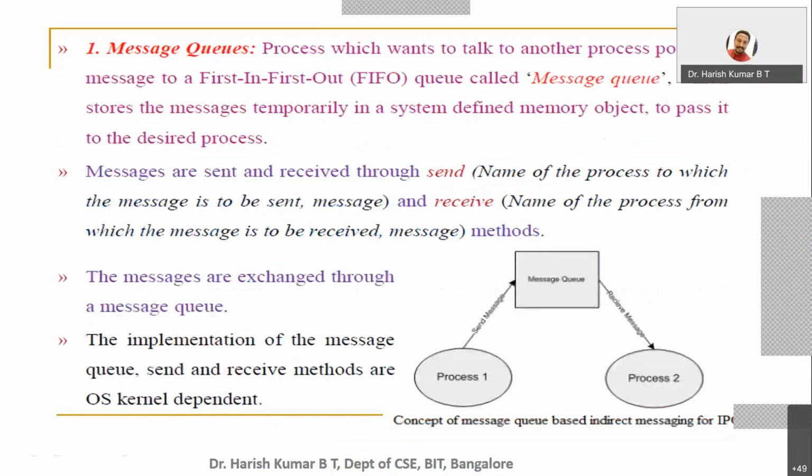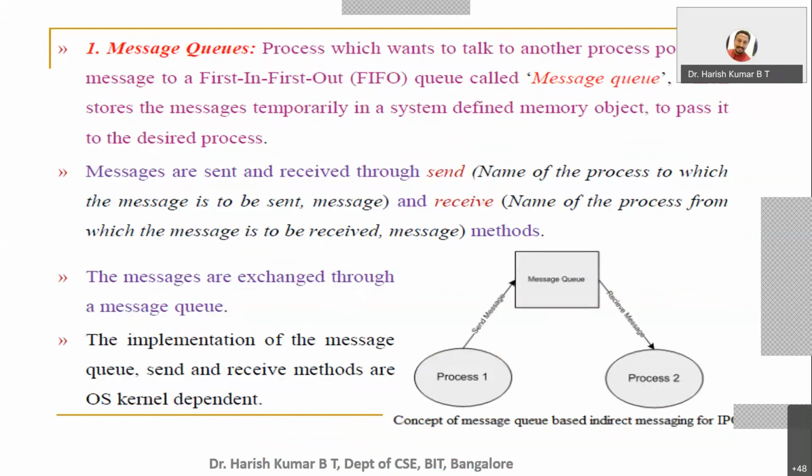So message queues. The process which wants to talk to another process posts the message to a FIFO queue called a message queue, and a message queue also operates in this fashion, first in, first out. So assume there's a message queue, and the process wants to convey something to the other process.